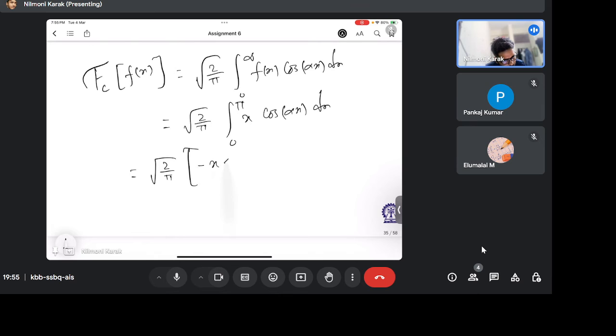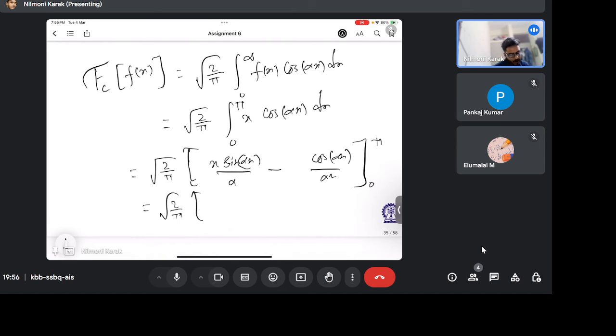Just integrate. The integration of cos is sine alpha x divided by alpha, and what is the integration of sine? Minus cos alpha x by alpha square, on 0 to pi.